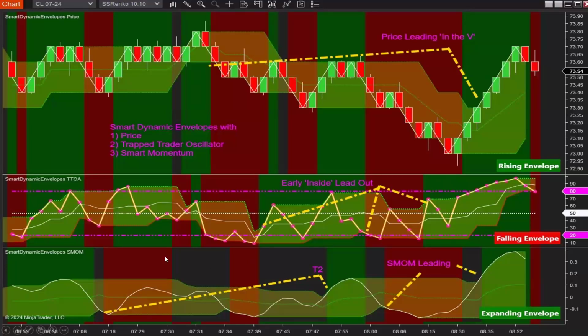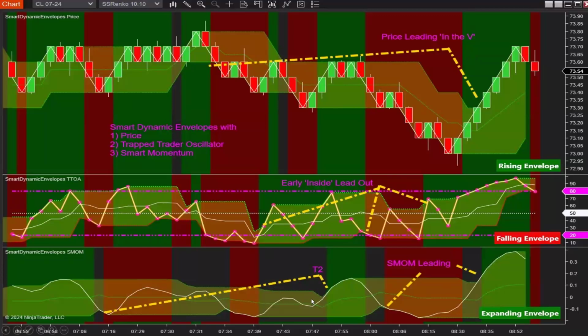Now here's another cool thing that I love on the smart momentum: you can see T2 patterns. One of my favorite things in the T2 patterns, and I've discussed this in other videos in this series, is that you can use the envelopes to see the T2s, and this is a special kind of T2.